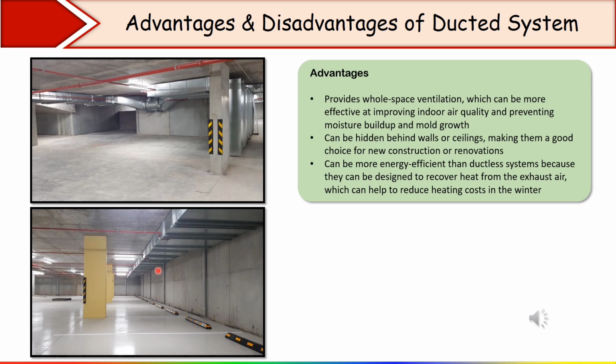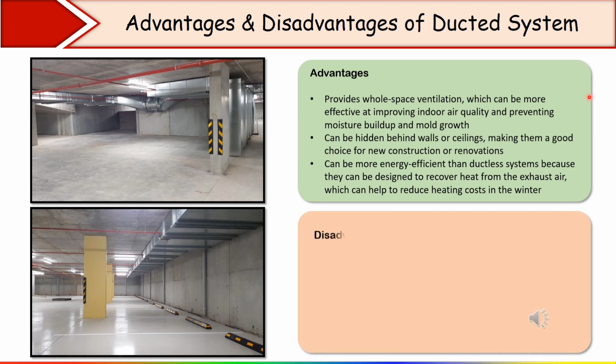If there is a ceiling, you can go through this ducted system only. Now another benefit is that this system can be more energy efficient than a ductless system. Why? Because it can be designed to recover heat from the exhaust air, which can help to reduce heating cost in the winter season.